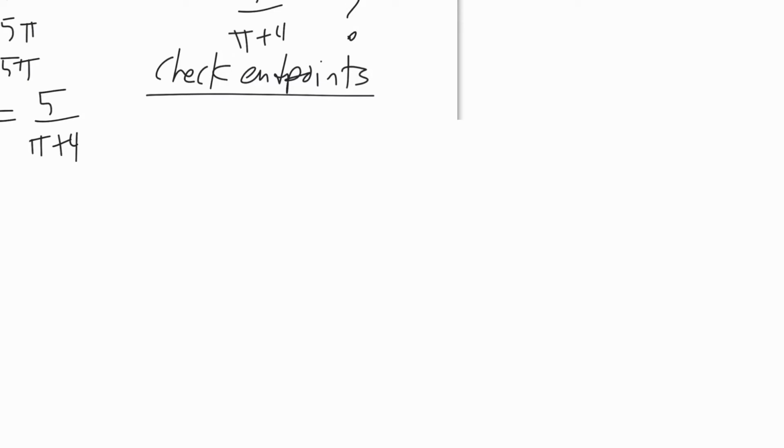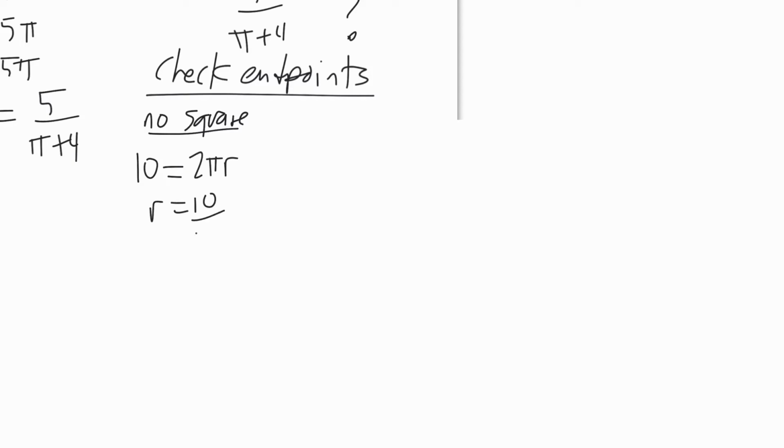Well, the one endpoint would mean that you had no square. So if you had no square and you cut the wire into all circle, then x would just be 0. So we'll start with the original equation here. The perimeter 10 would be equal to all circle, so 2 pi r.